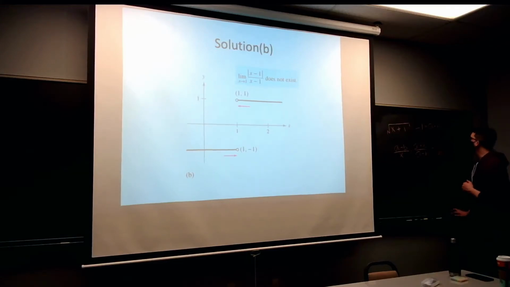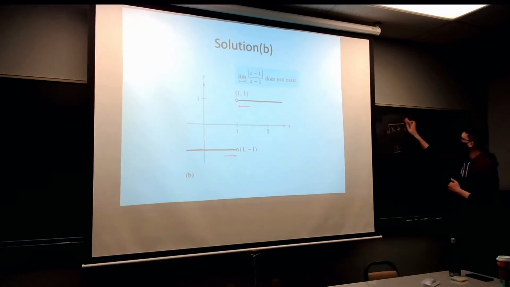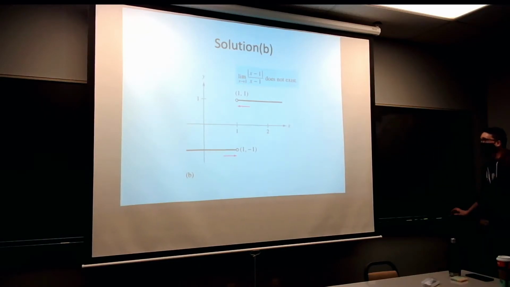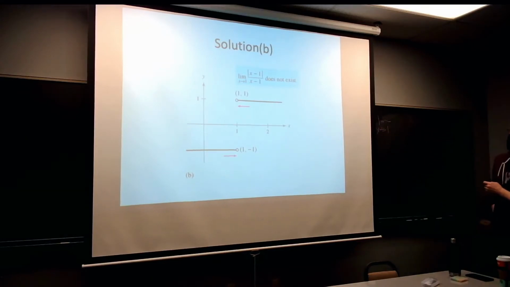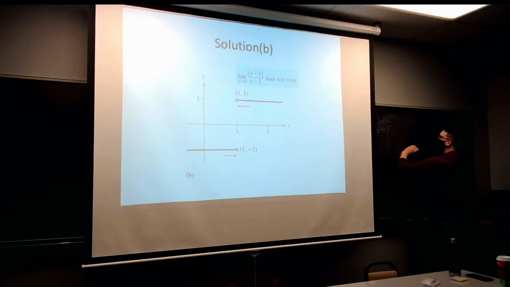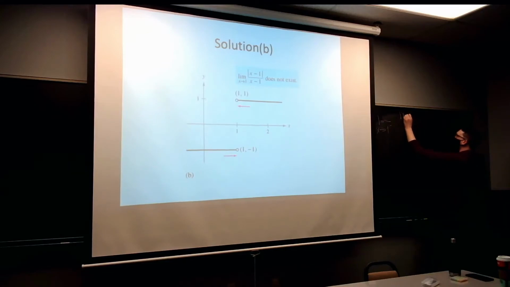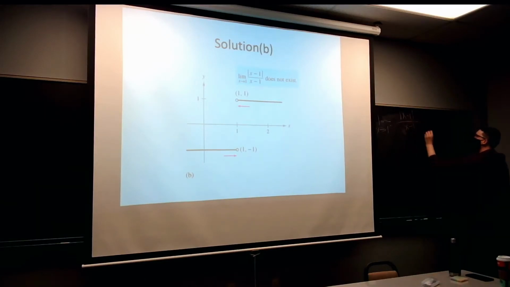So the way we will write this would be something like this. The limit as x approaches 1 from the left of |x - 1| over x - 1 is equal to -1.